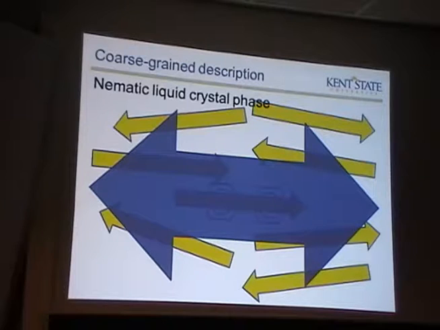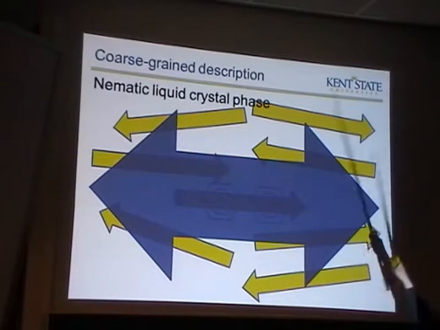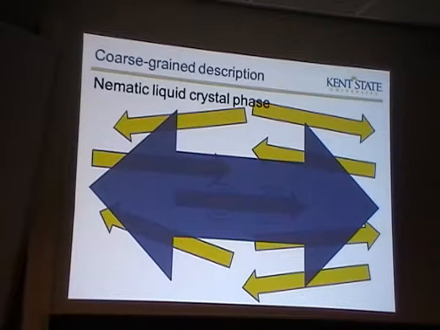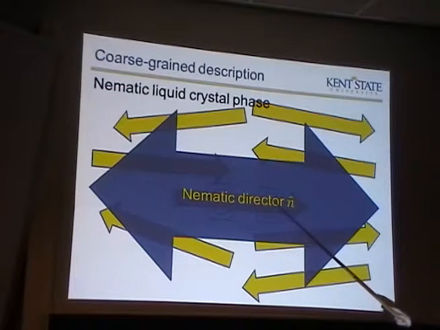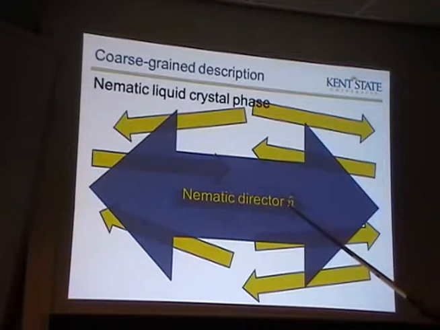So, since they are half pointing, approximately half pointing this way and half pointing that way, we can represent the whole orientational distribution by a big double-headed arrow like this. Okay, so that picks out the axis in space. And this axis is what's called the nematic director, represented by a unit vector n hat.